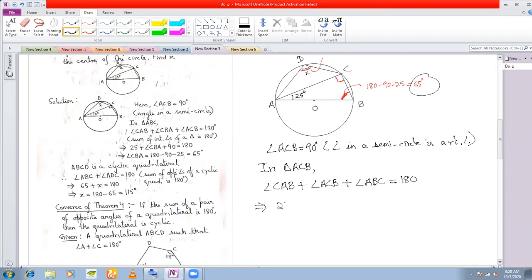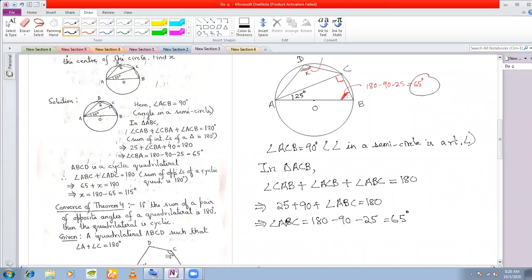So this is 25 plus 90 plus angle ABC equal to 180. That means angle ABC is 180 minus 90 minus 25, which comes to 65 degree. This is the way of writing. We are getting 65 degree.